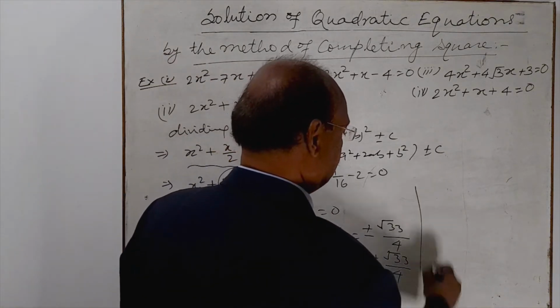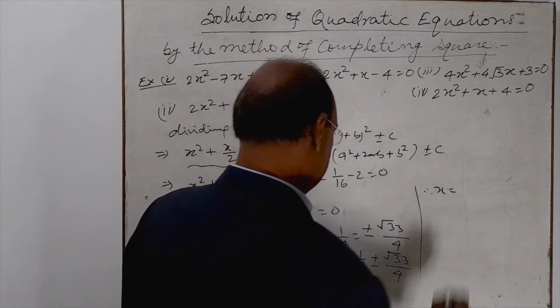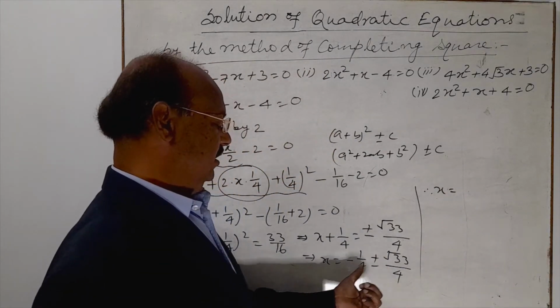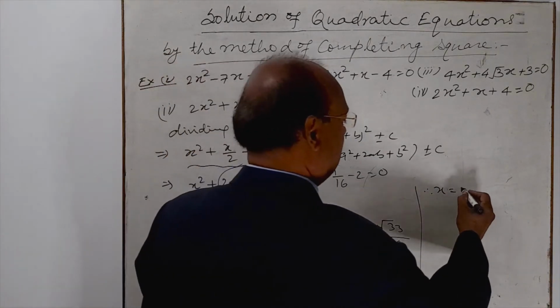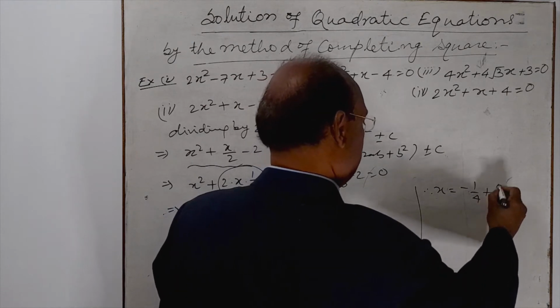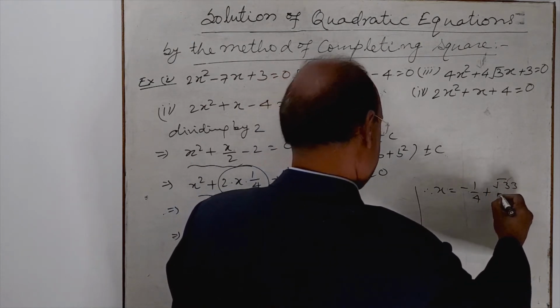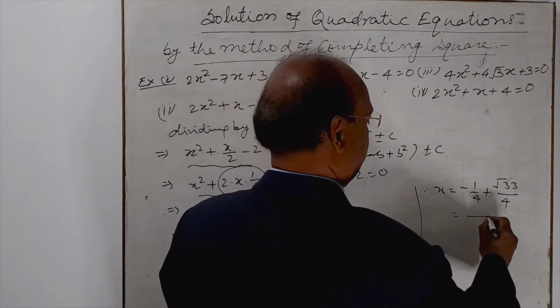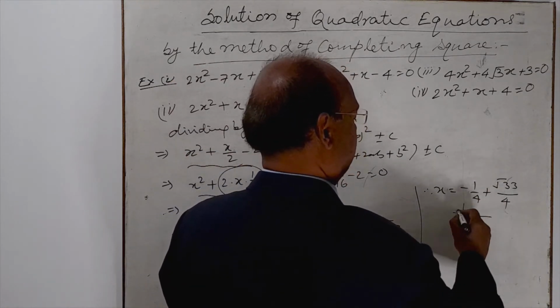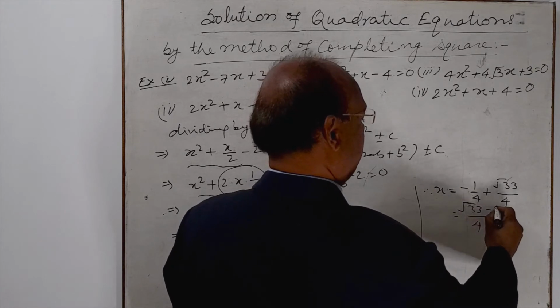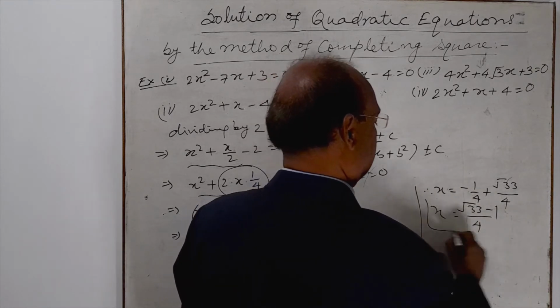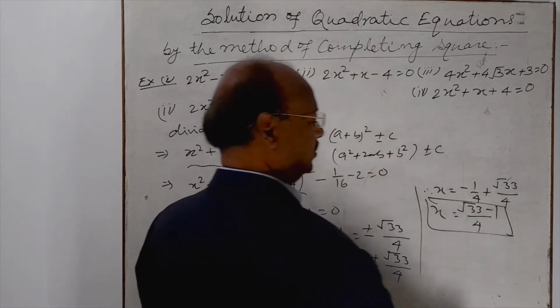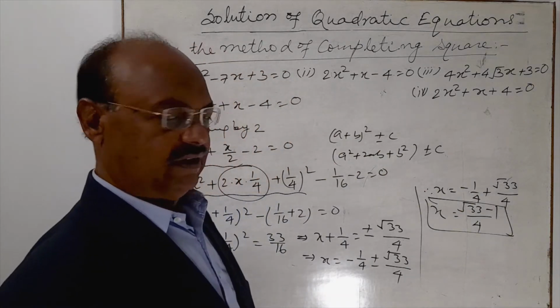So therefore, if you take this plus sign, you can write x is equal to minus 1 by 4 plus root of 33 by 4. Let us simplify it. The LCM will be 4, and here we are getting root of 33 minus 1. This is one solution, one value of x.